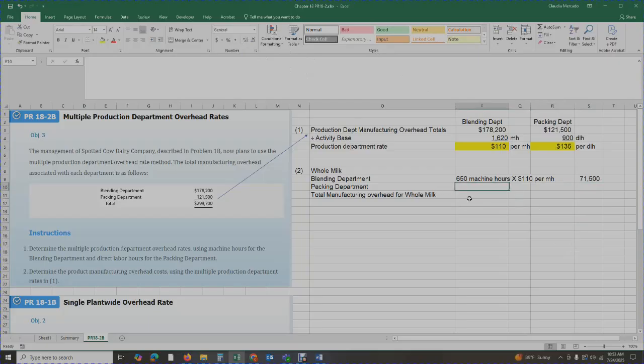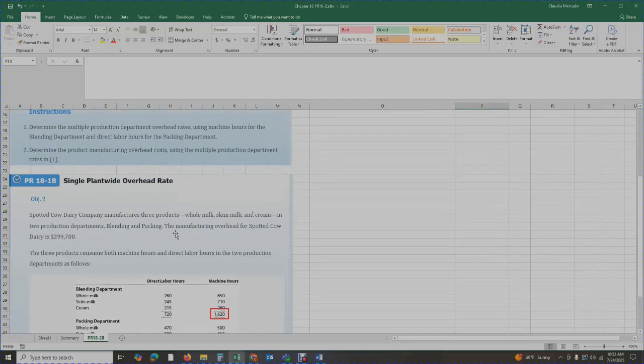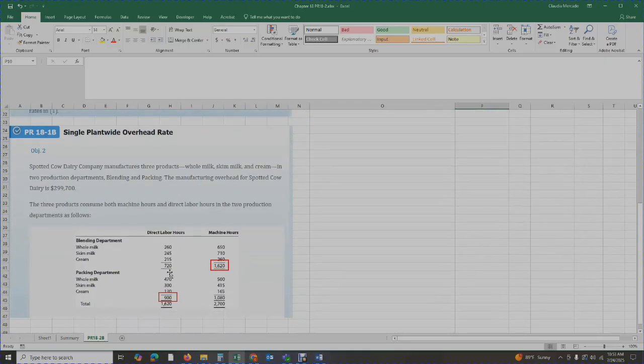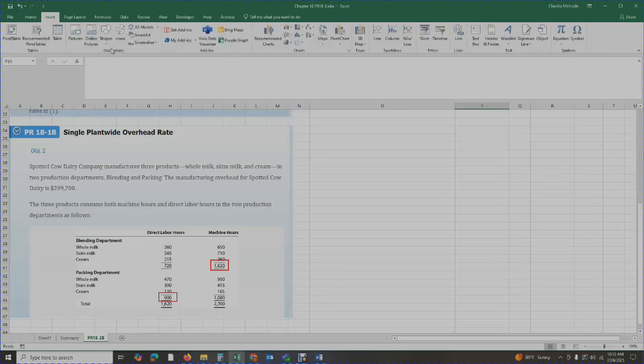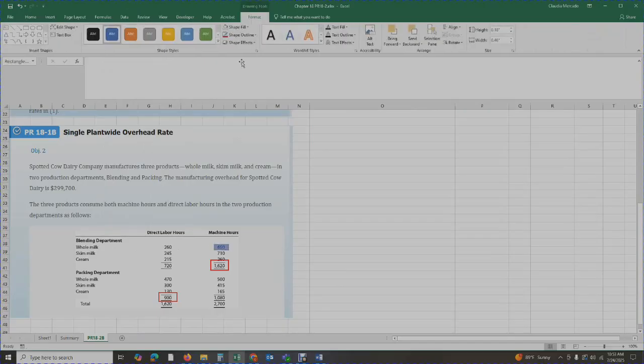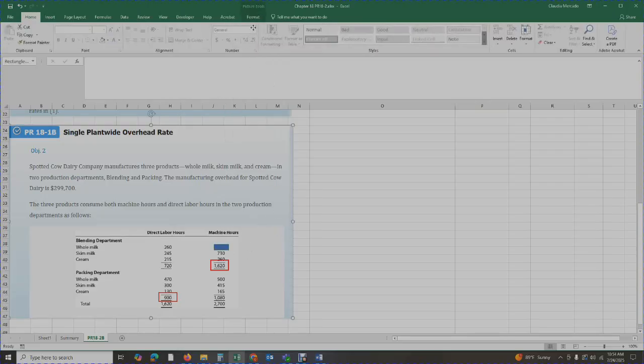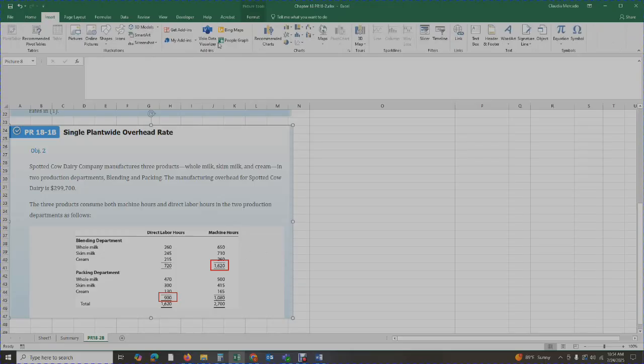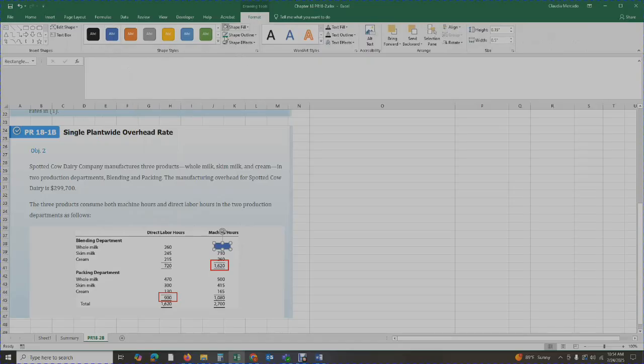Now we're going to do the packing department. For the packing department, looking at whole milk, we have direct labor hours of 470, so we're going to pick up the 470. For the first one, we did the blending department for whole milk, and that's where we picked up the 650.